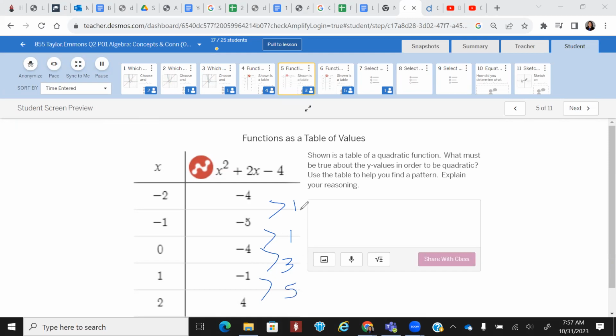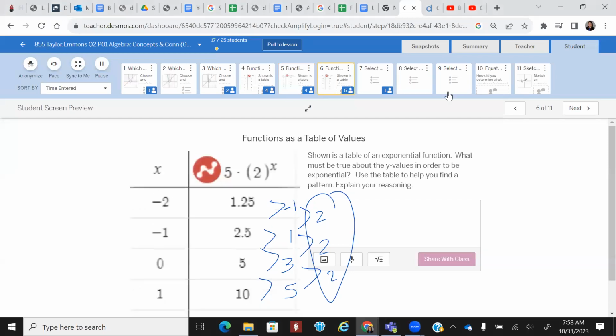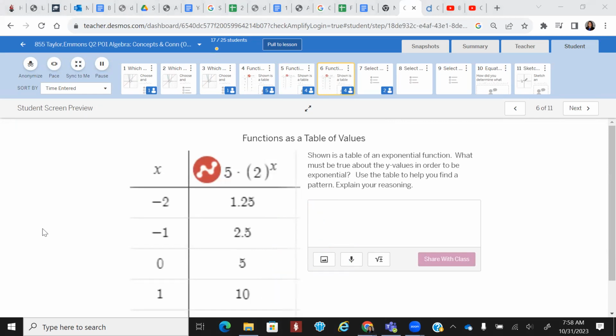And this is minus 1. And the difference on this one is 2, and our second difference is the same. So since our second difference is the same, that's going to be quadratic. What about this one for exponential? What has to be true about their y values?